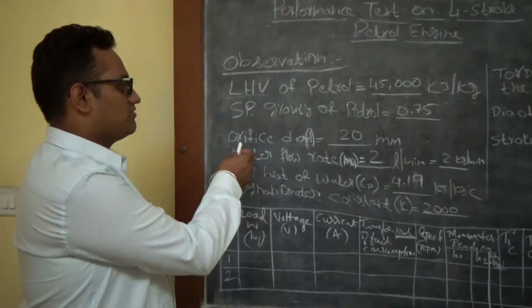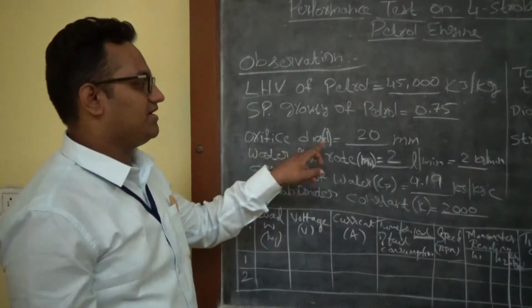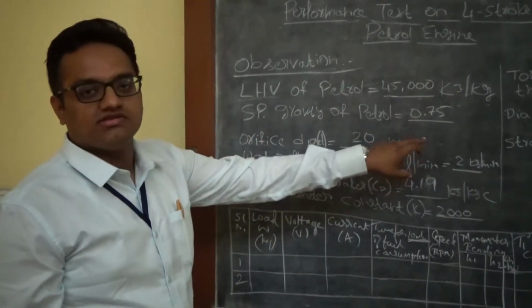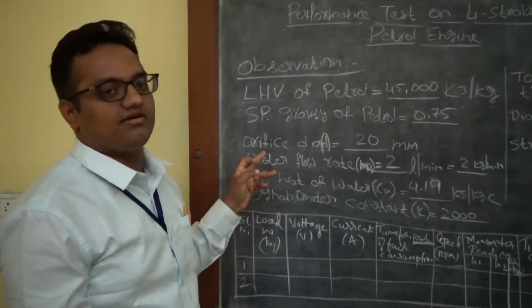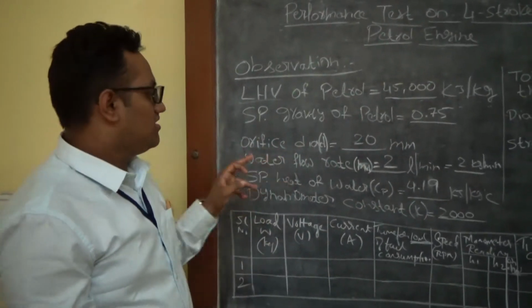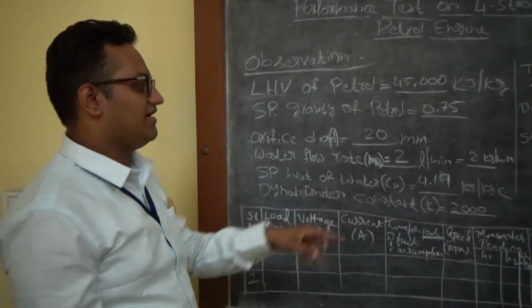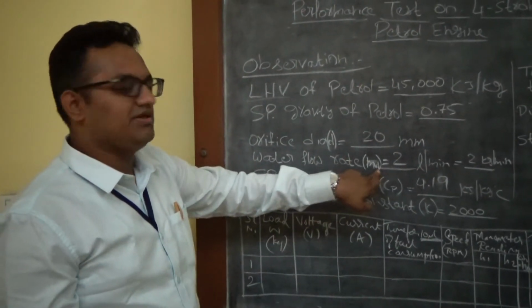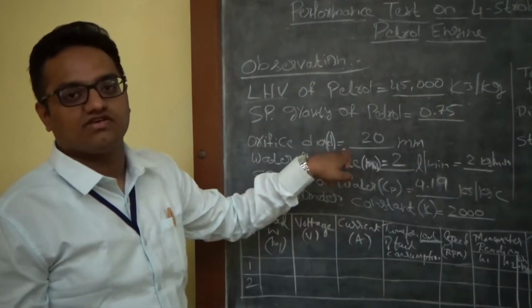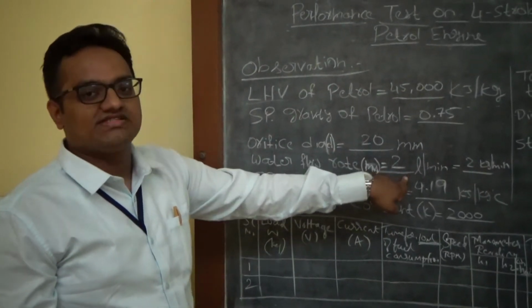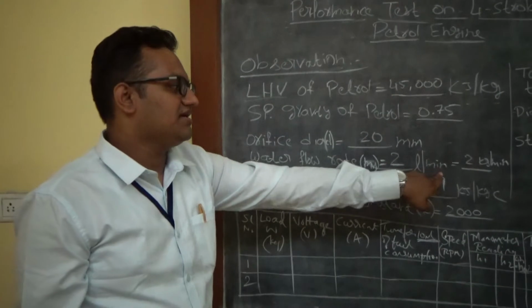I have a water flow rate, which we will keep as 2 liters per minute. We have the orifice diameter of 20 mm, which is used to find the mass flow rate of air. Following this, we have the water flow rate, we call it MW. We'll be using the same terminology in our calculation, set at 2 liters per minute.